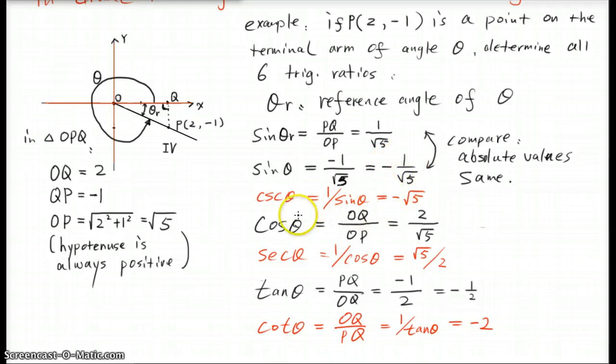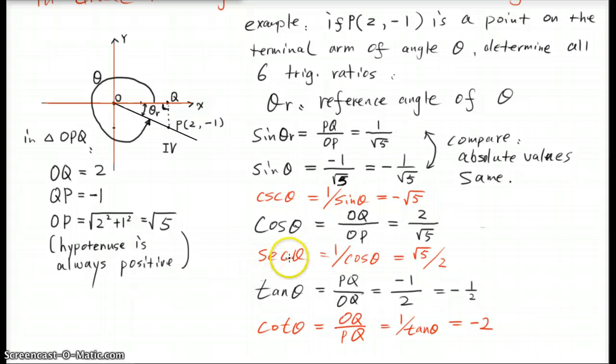Then we do the same thing for the rest of the ratios. The cosecant ratio is just the reciprocal of sine, so just turn it upside down and you get negative square root 5. Cos theta equals adjacent side OQ over hypotenuse OP, so you get 2 over square root 5.